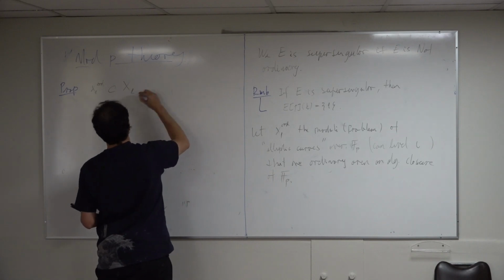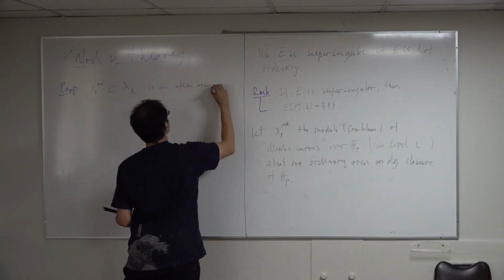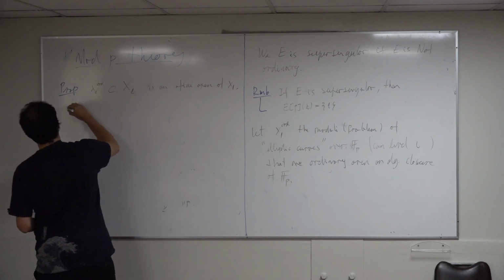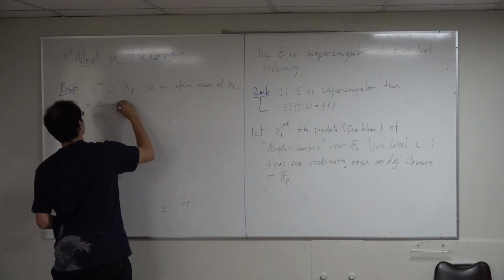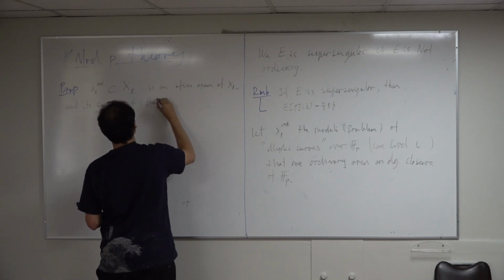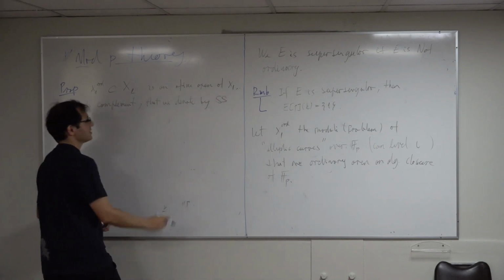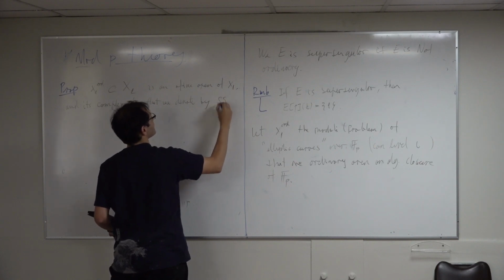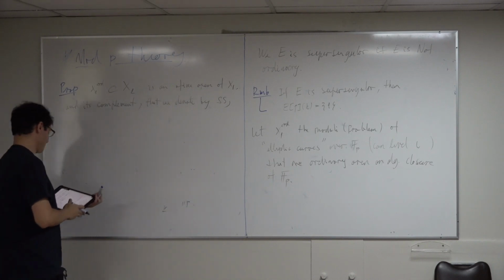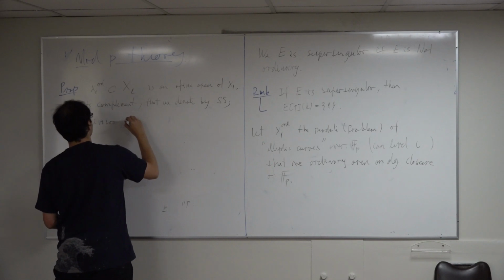And the thing is that this is an affine open of X1, and its complement, which we denote by SS, because supersingular, is a divisor of X1.